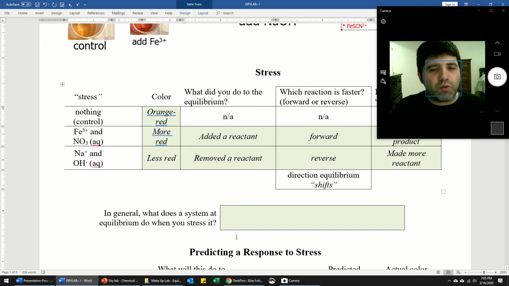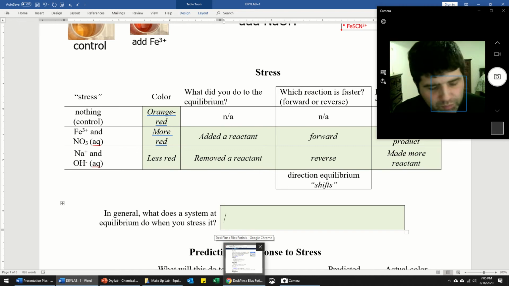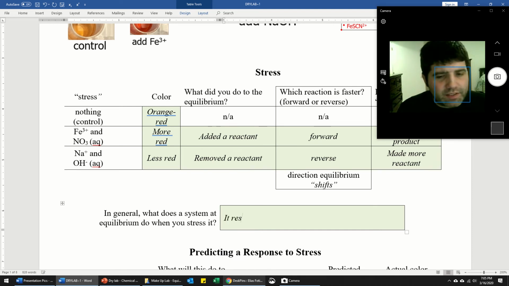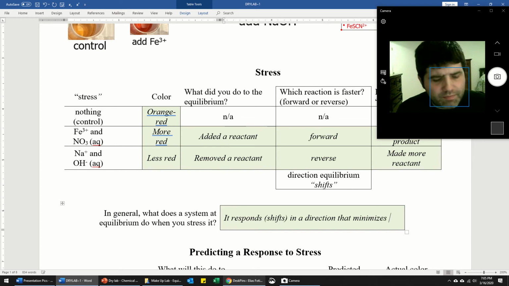So in general, we can put it together as follows. When a system is at equilibrium, when you stress it, it responds, shifts, we say, in a direction that minimizes the stress.